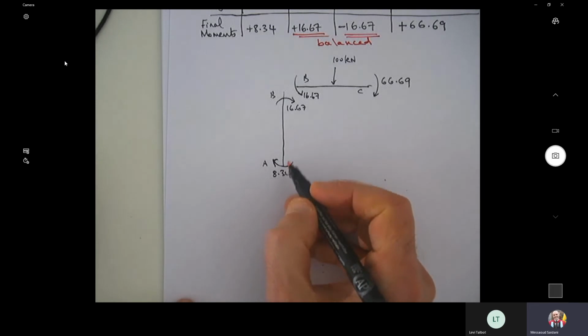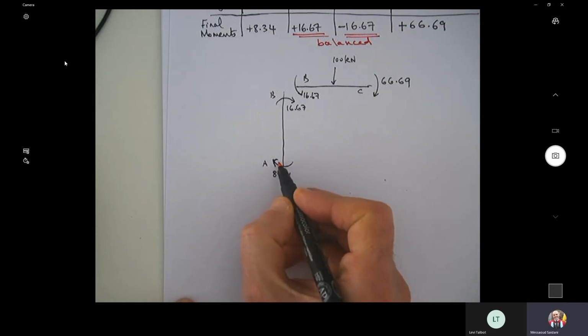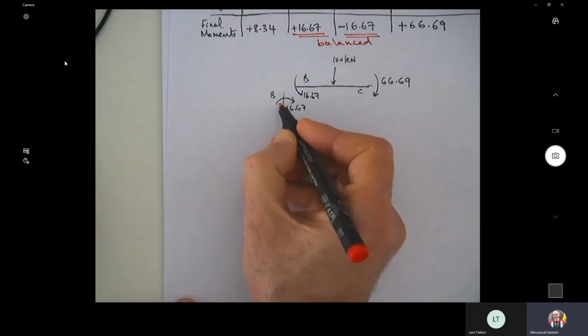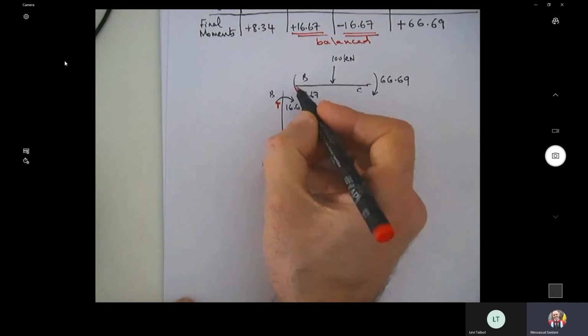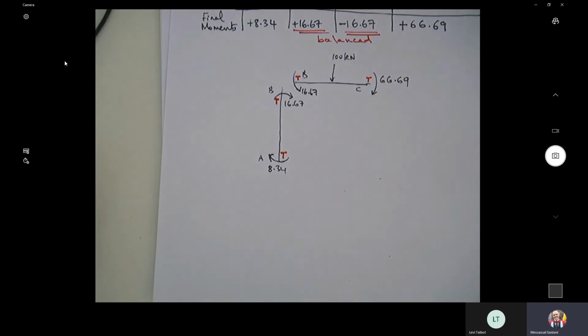Before I do that, start with joint A. Where is the tension? On the left or right? Where is the tension at A? Is it on the left side or right side? Right. Do you agree that the tension is here? Agreed? Okay.